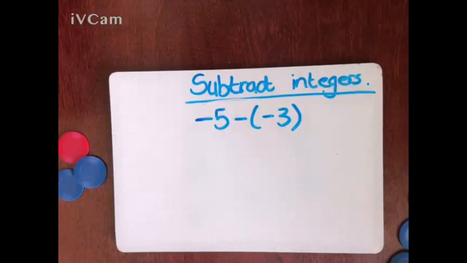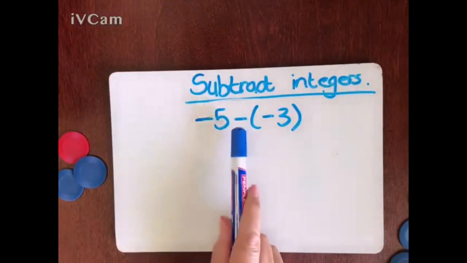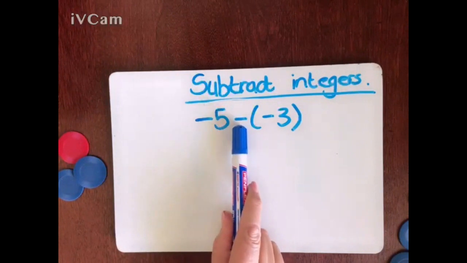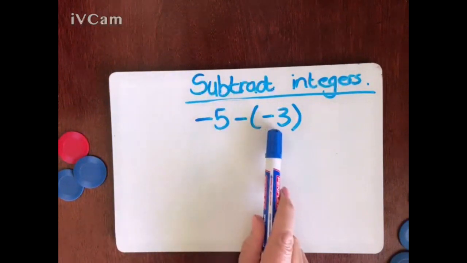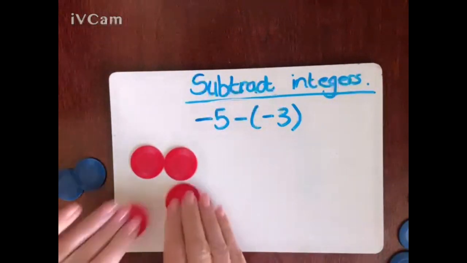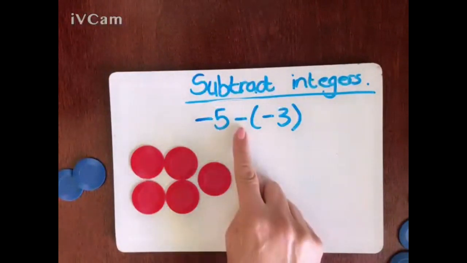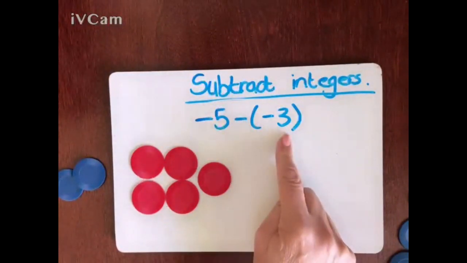This is actually negative 5, and we are going to take away negative 3. So let's model this. Negative 5, take away negative 3.